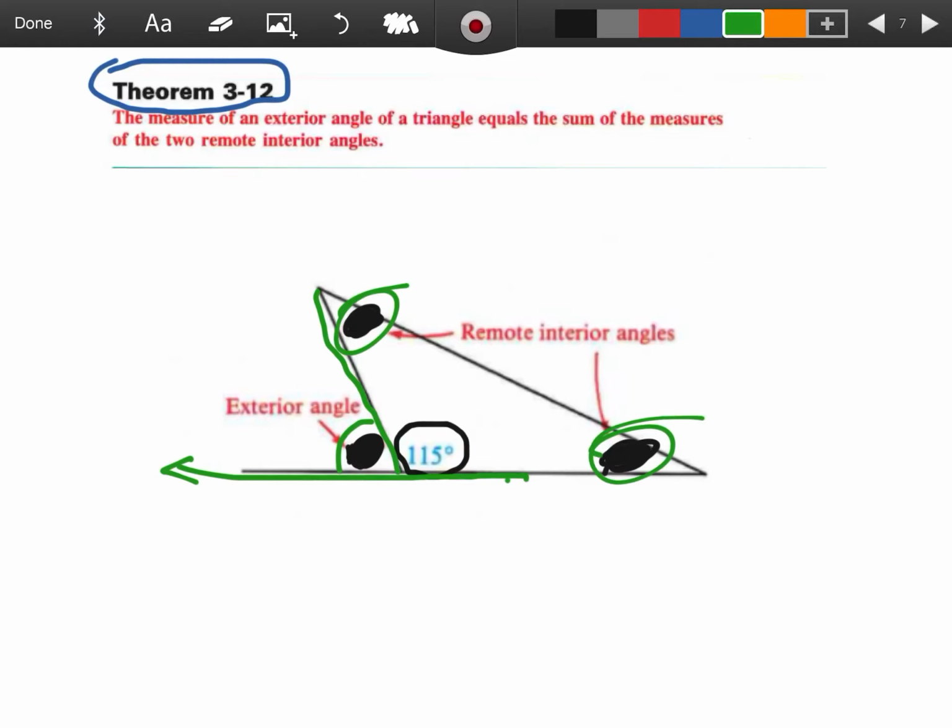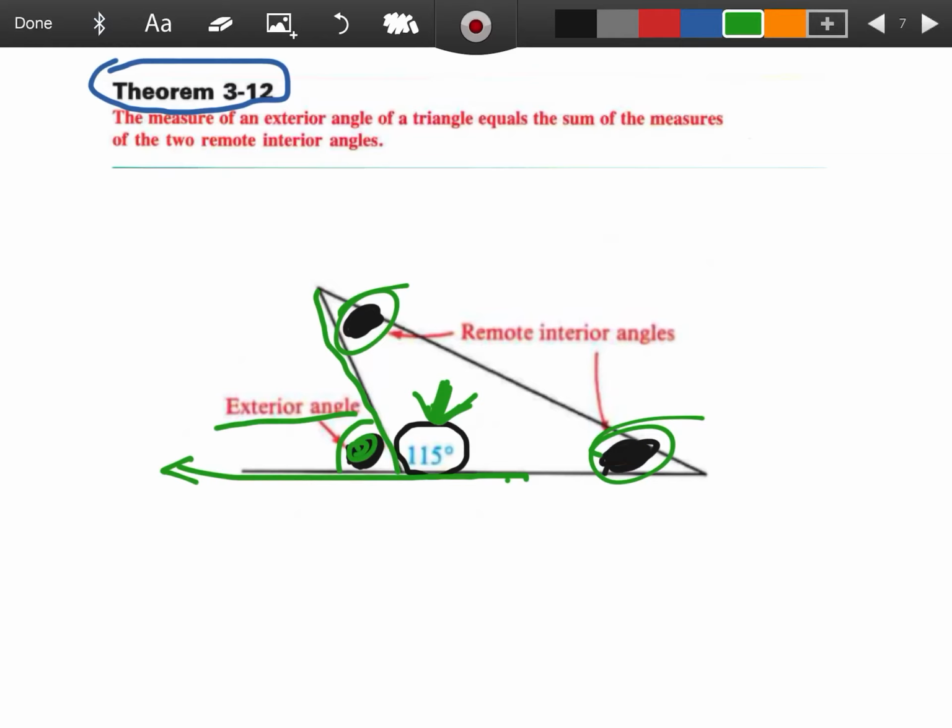If this is my exterior angle, this is my interior angle, the 115 degrees is my interior angle, well, the other 2 are the remote interior angles. They're the interior angles that are not touching the exterior angle. You can see that this 115 is touching the exterior angle. That's why it's not considered a remote interior angle.